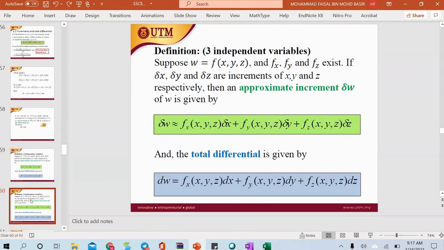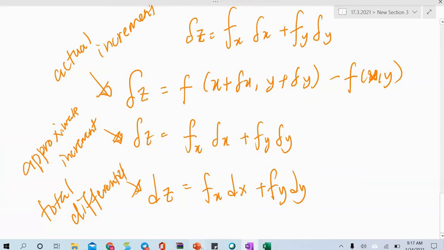If you have more than two independent variables, it's just the same. For the approximate increment, you just add another variable. Here, this is the approximate increment.